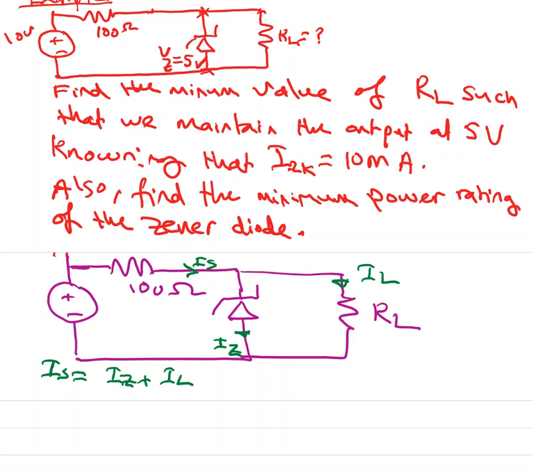We said that in the case of very good voltage regulation, the voltage here should be equal to 5 volts. This is 10 volts, and this should be 5 volts.